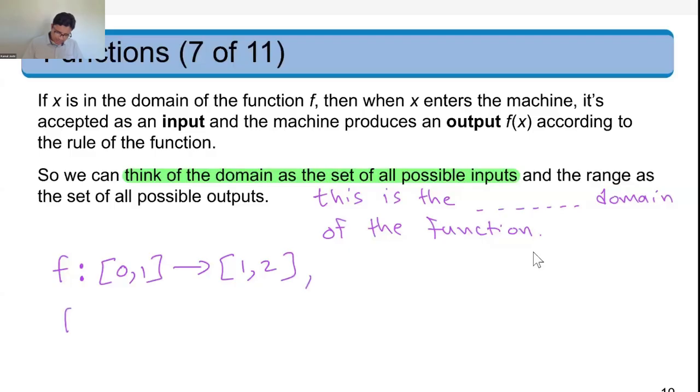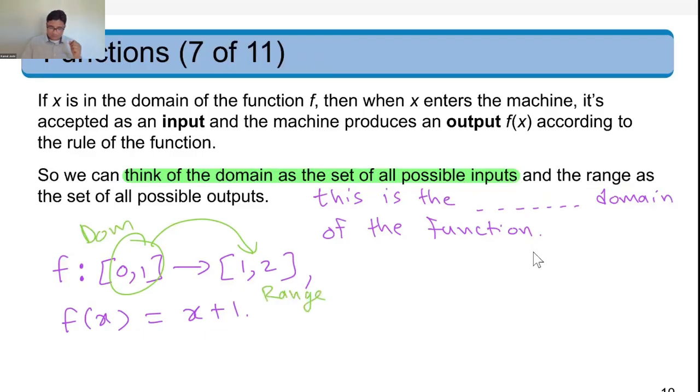And you might then be given a formula, f of x equals x plus 1. So f of 0 will be 1, f of 1 will be 2, f of 0.5 will be 1.5. You just add 1. So the values come from here and they go into here, domain and range, right? So the domain and range is specified here. Domain here, range here.